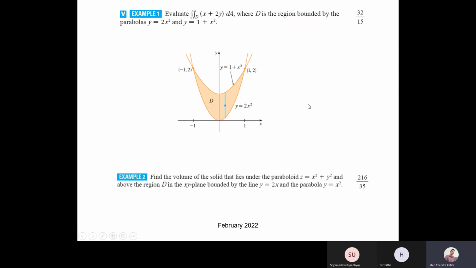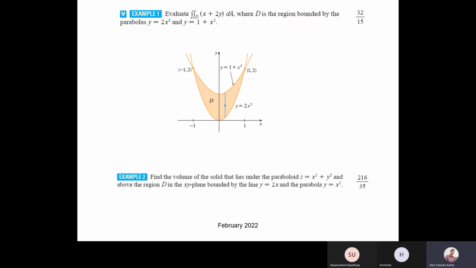Now this is the problem. Find the volume of the solid that lies under the paraboloid z equal to x squared plus y squared and above the region D in the xy plane bounded by the line y equal to 2x and the parabola y equal to x squared. So z equal to x squared plus y squared is the function which we are going to integrate, because if you want to find the volume lying below the graph of a function, that function has to lie above the xy plane.